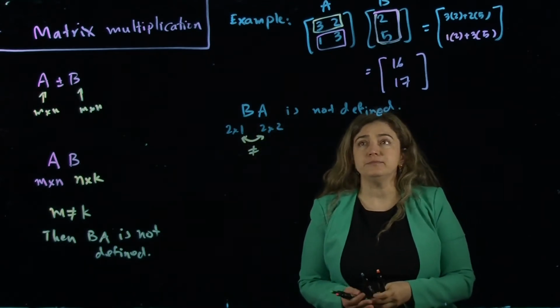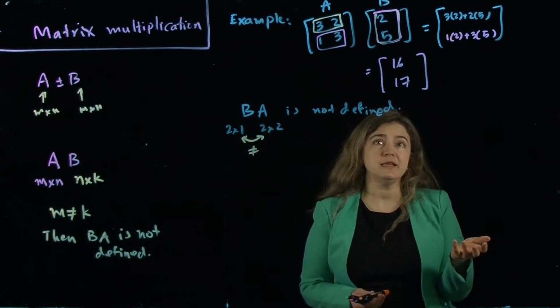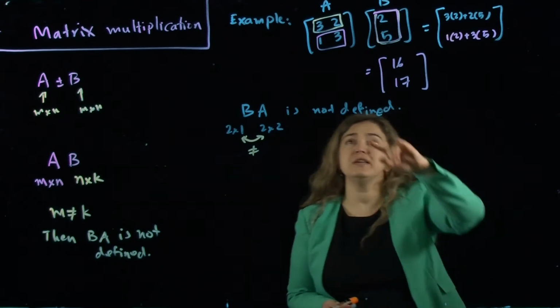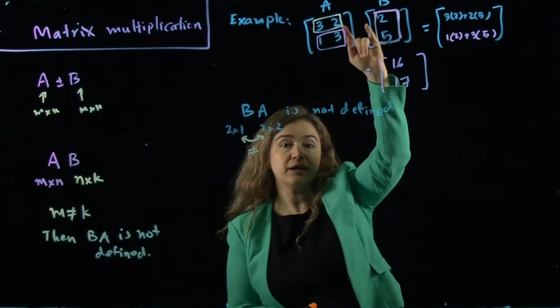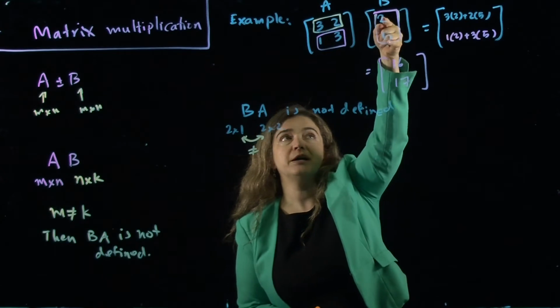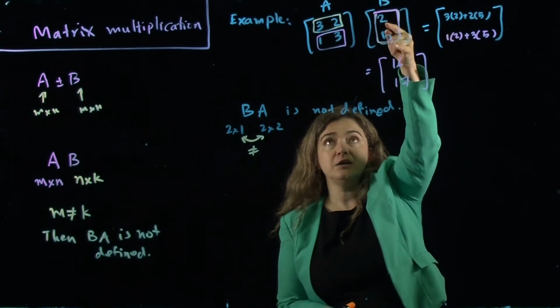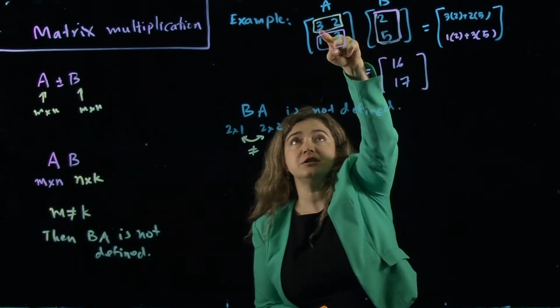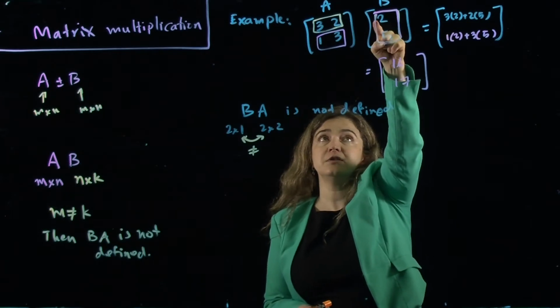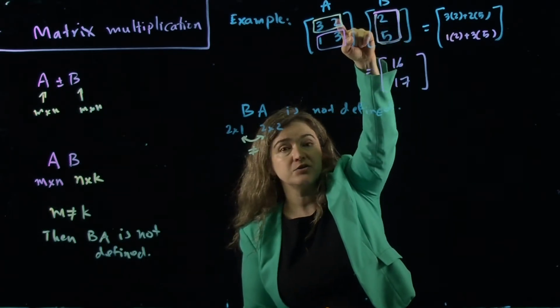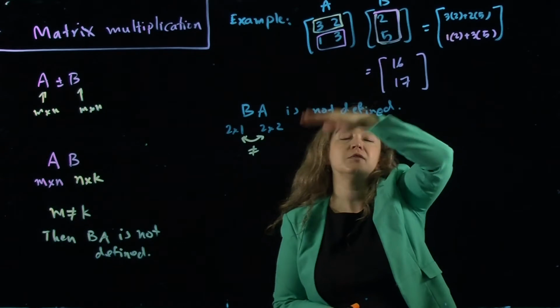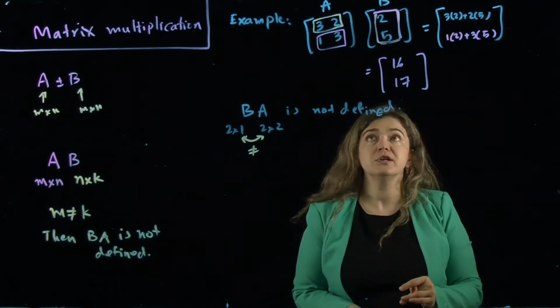Now, the other thing to notice is this: when I talk about multiplication of a row by a column, I go with the first entry of the row times the first entry of the column, second entry of the row times the second entry of the column, and so on and so forth.